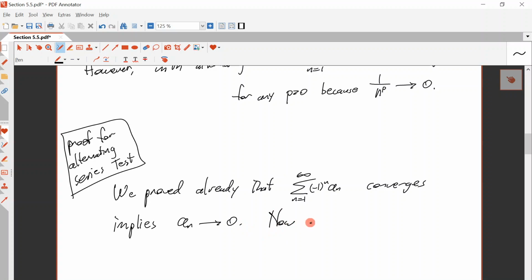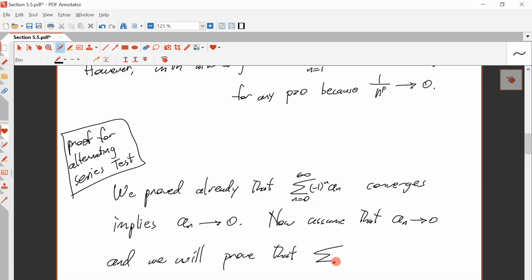Now, assume that a_n goes to 0, and we will prove that, let's make this start at 0, the sum n equals 0 to infinity of (-1)^n a_n converges.